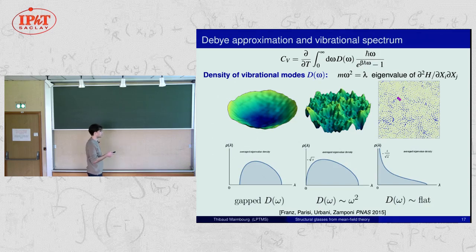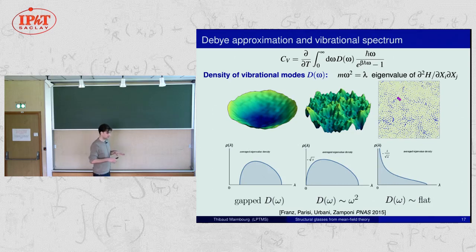What you find is that in the single basin phase, the spectrum has a positive gap. This means that you have a well-defined minimum, so it's a stable phase. When you go into the blue region, where you have this very rugged landscape, the gap goes to zero, and you get instead a density of states that goes like omega to the square.